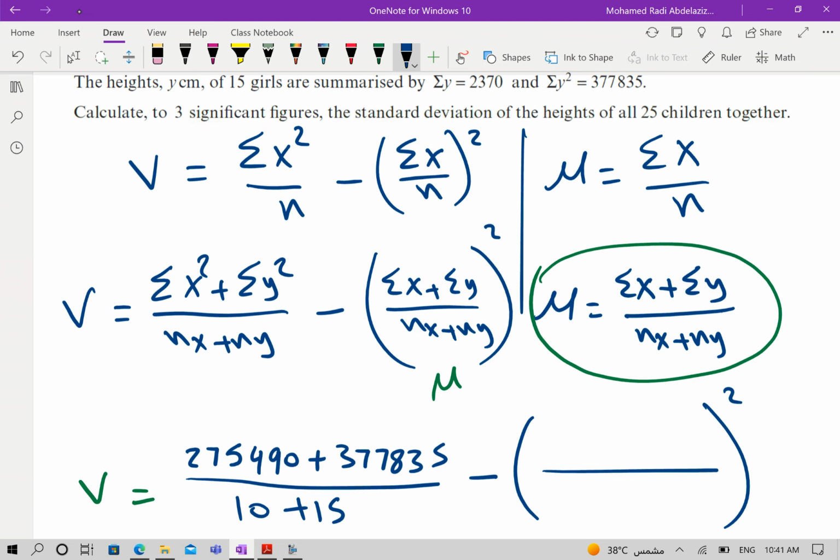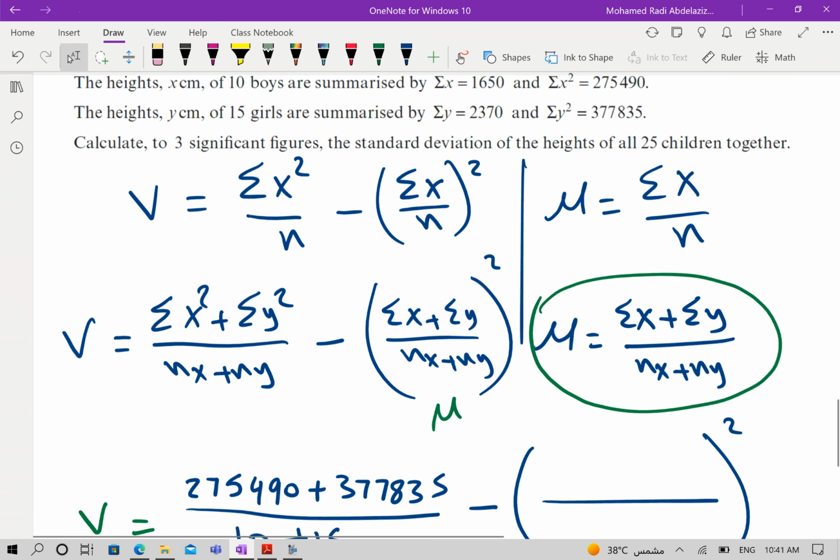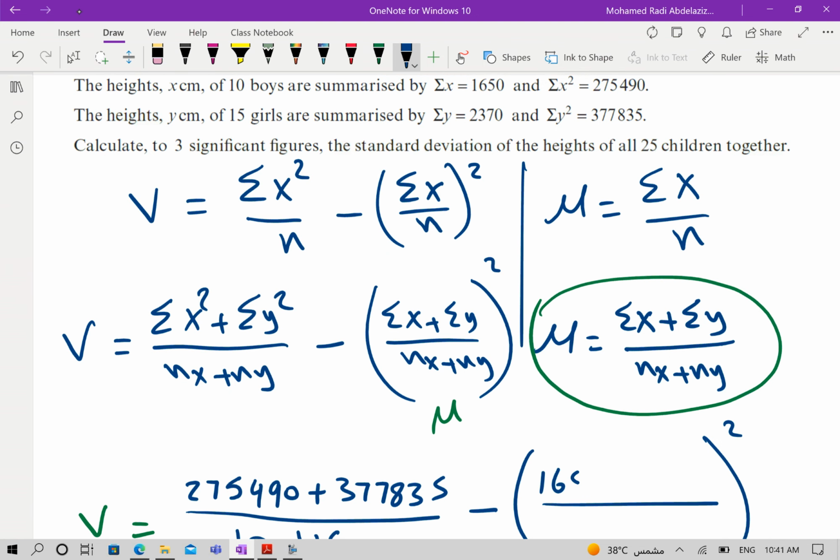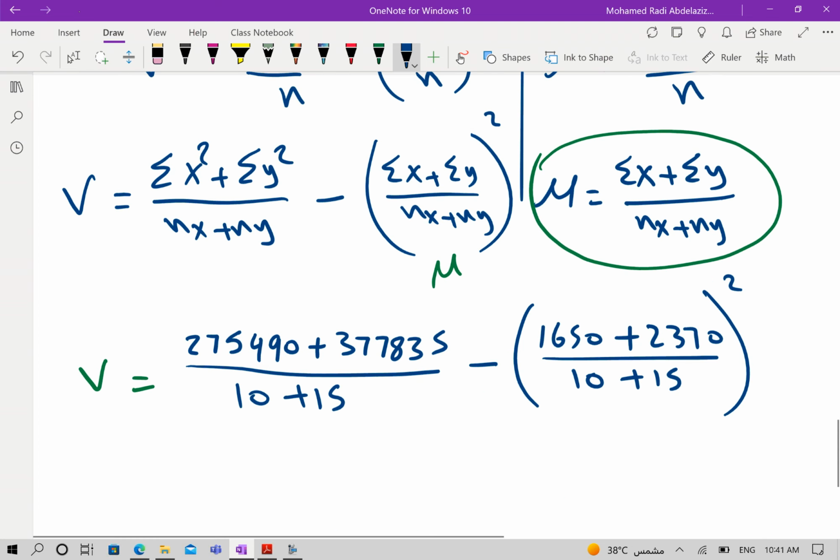Summation of x is 1650. Summation of y is 2370, divided by 10 plus 15. Then by taking the square root of the whole answer, you can find the standard deviation. Give me your final answer.